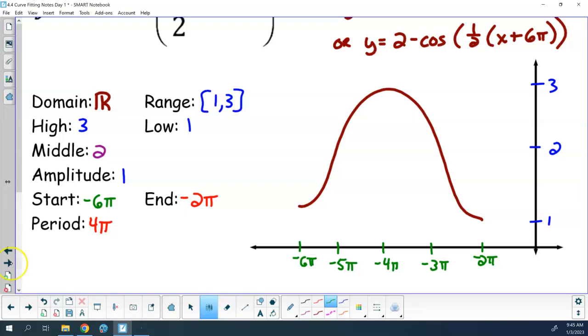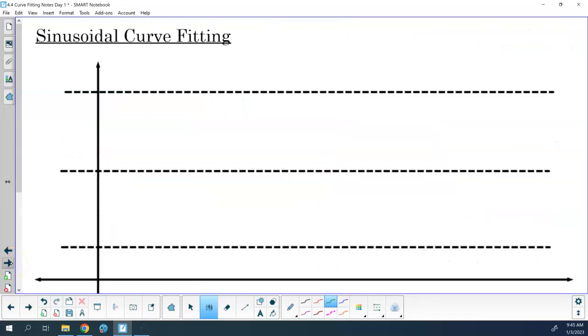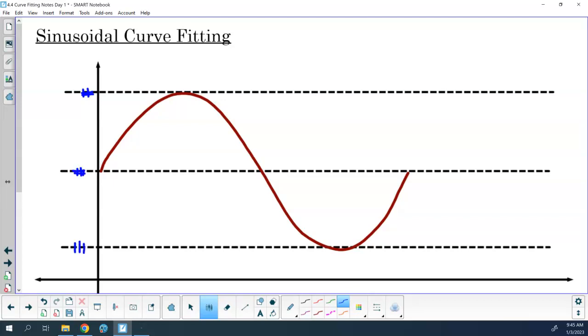Love it. So today, what we're going to do then is we're going to take a curve and we're going to make the equation out of it. So if I have a sine curve, I would have numbers over here, and I would have a number here, and I'd have a number down.